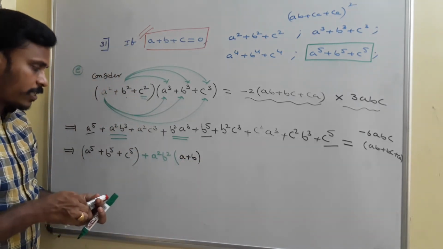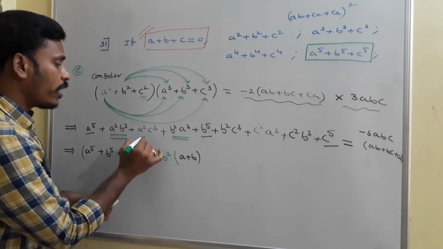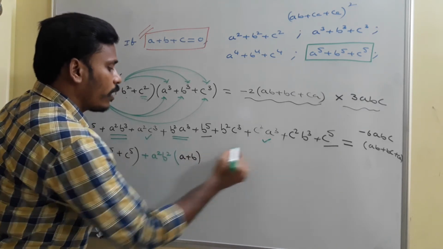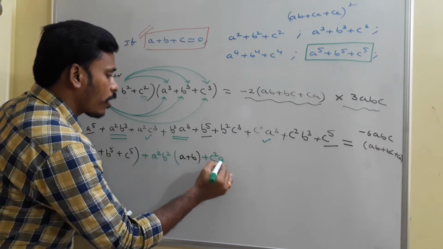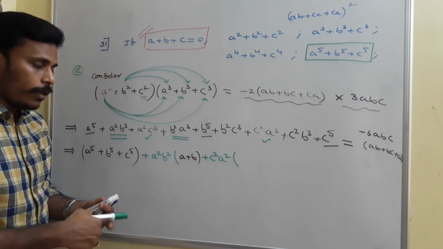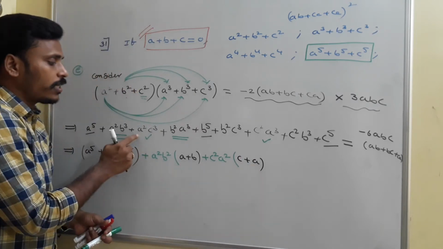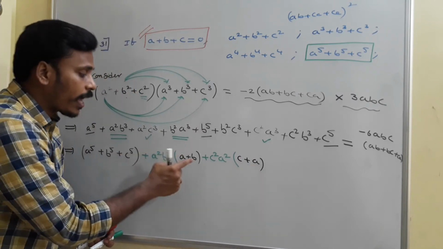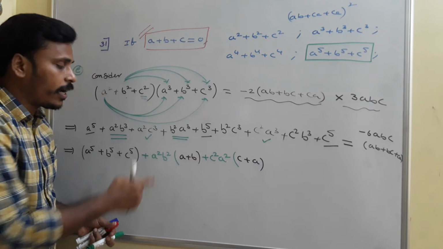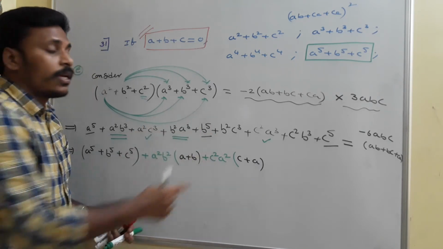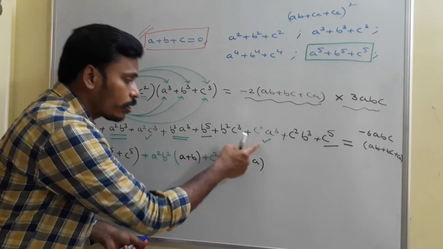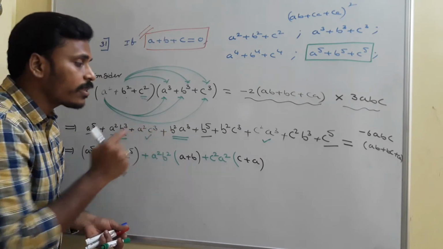In the next step, think about this a square c cube and c square a cube. From these 2 terms, you common out c square a square. If you common out c square a square, you are left with c plus a. Because it is a square c cube, I wrote c square a square outside, then c is in the bracket. Here it is c square a cube, I wrote c square a square outside, then a is in the bracket.